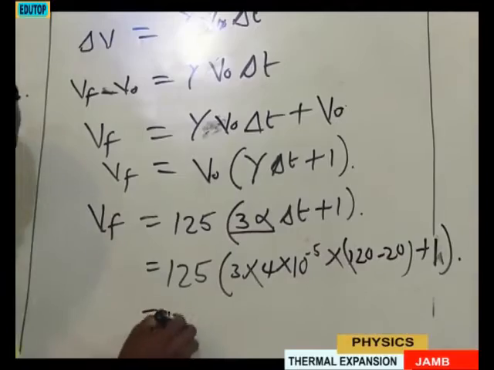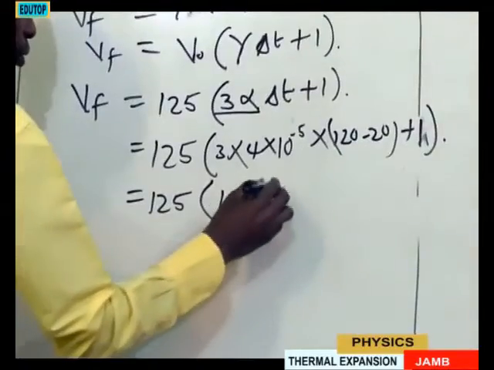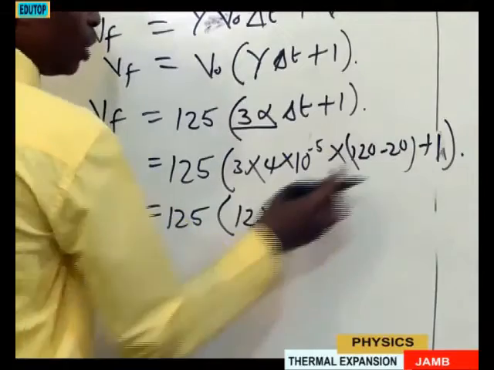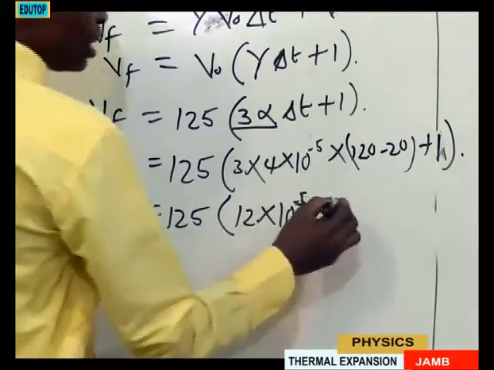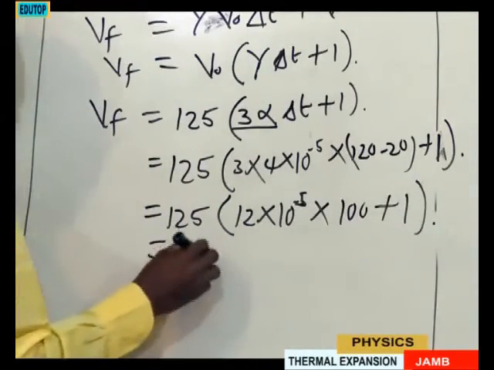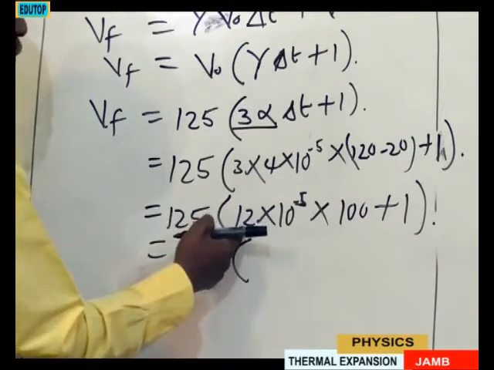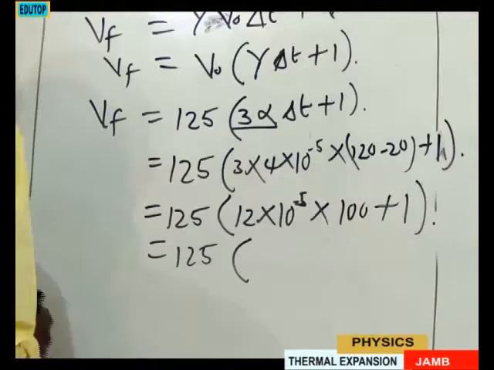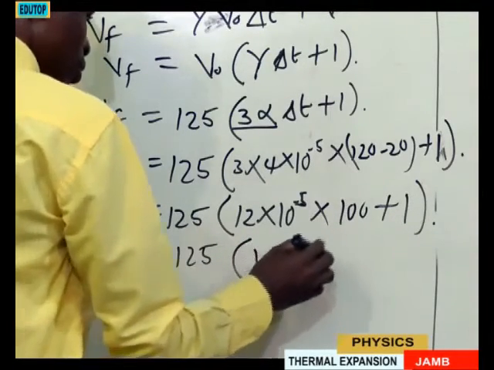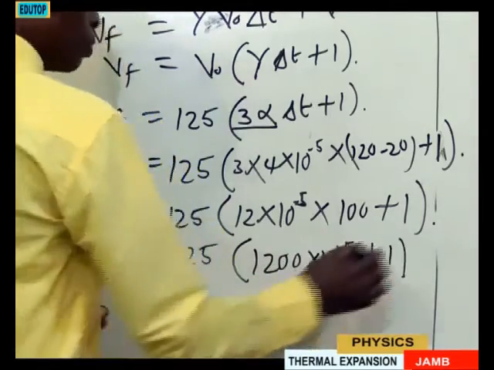This is what we are going to do now. This is 125 into 3 times 4 will give us 12 times 10 to the minus 5, then times 120 minus 20, that is 100, everything plus 1, which is equal to 125 into, okay, we are going to multiply 12 by 100. Let's see what is going to be the value. 1200 times 10 minus 5 plus 1.